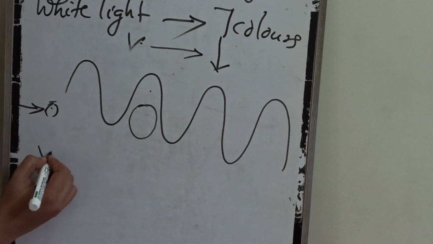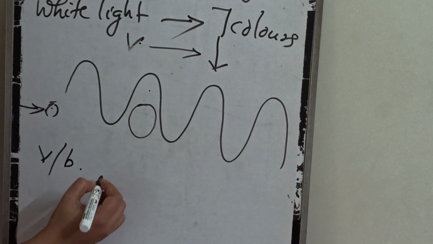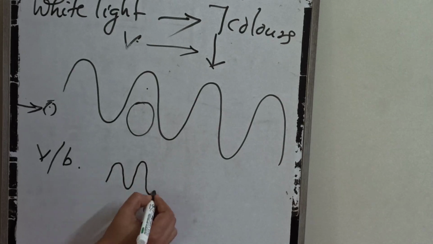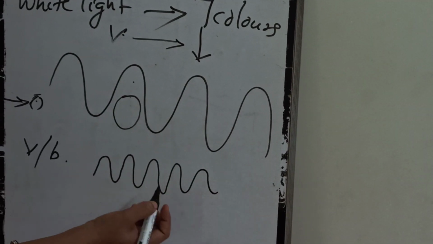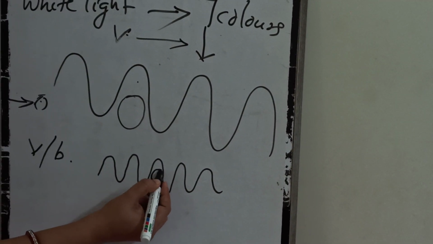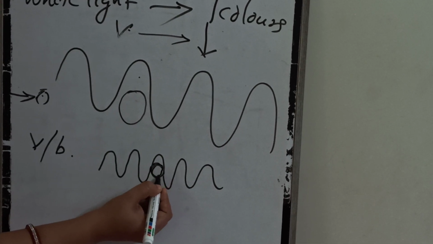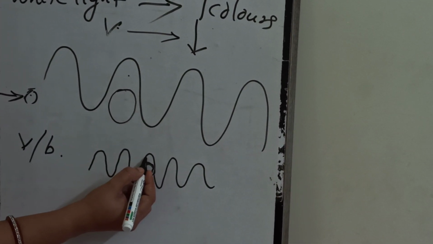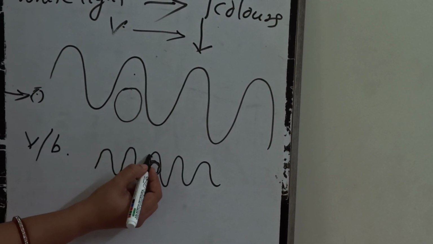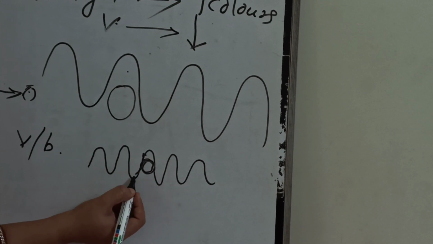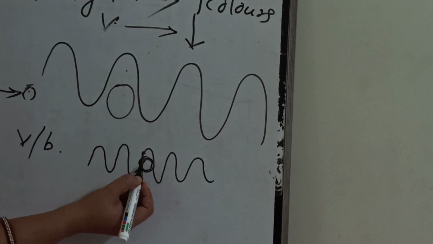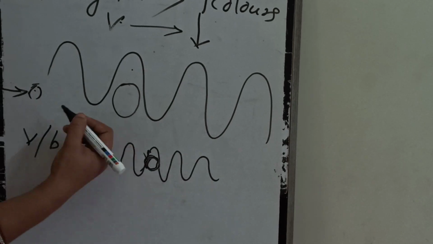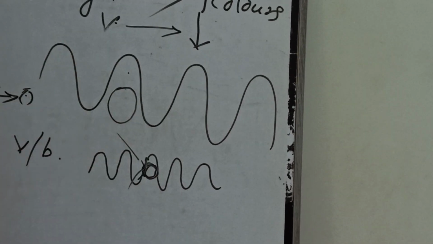Now, in the case of a violet or blue light, what will happen? Small wavelength. So, when it hits the surface or when it hits that water droplet like this, surely what I said in the first portion is happening here. Because when it hits a spherical surface, it starts to deflect in different directions.